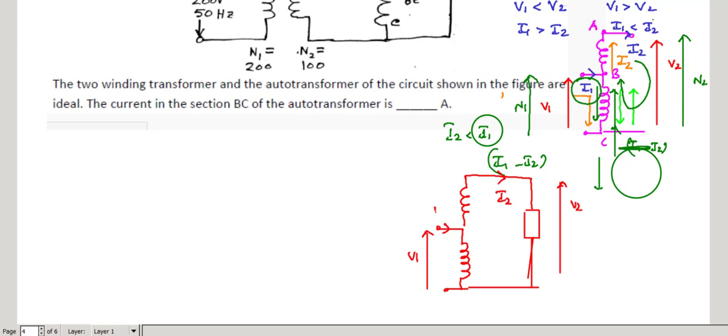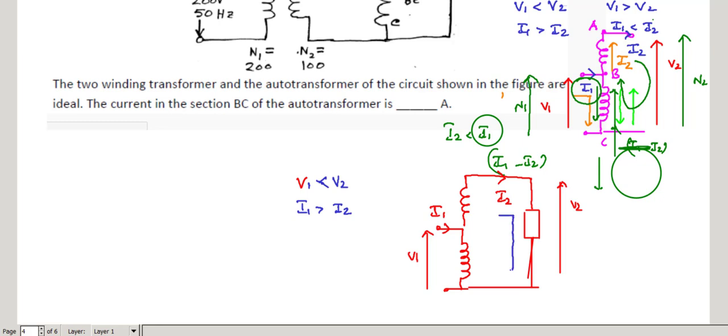Let I have a current I1. I want to find the direction of the current in this winding section. This is a step up transformer, V1 less than V2, that implies I1 greater than I2. So the I1 current is dominating I2.